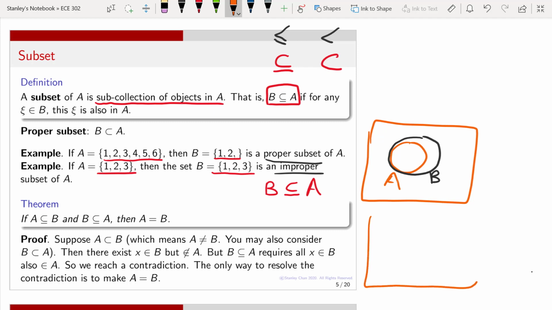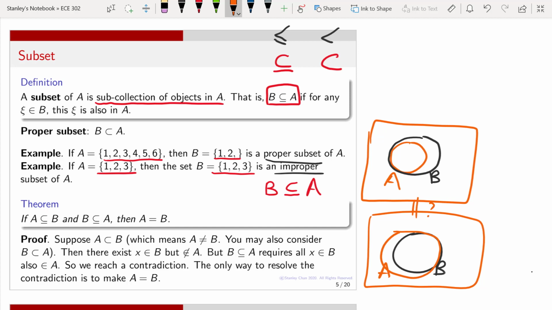But now you have 2 statements, which says that this is your A, and this is your B. And now the second statement says that B has to be also in A. Now to make this happen, A has to be like this shape. So in what situation can these 2 be identical?